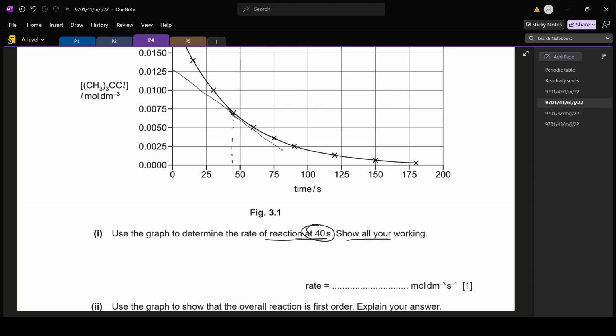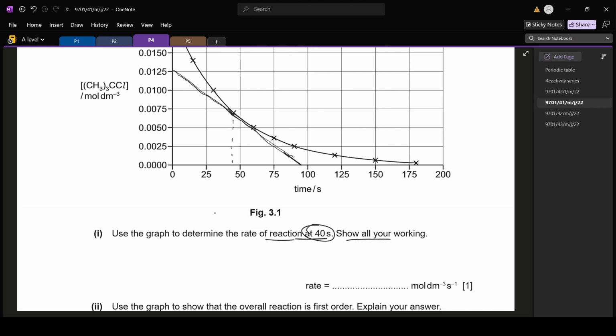I have no scale here, but you have to draw accurately, and then you have to calculate the gradient of that tangent. Just take 2 points from this line and calculate the gradient.